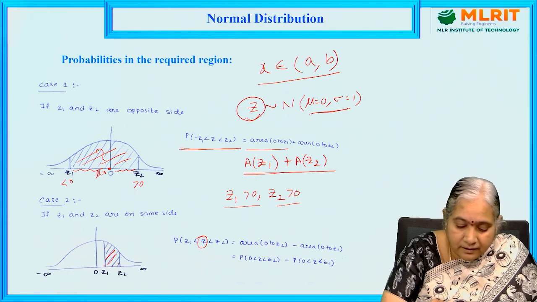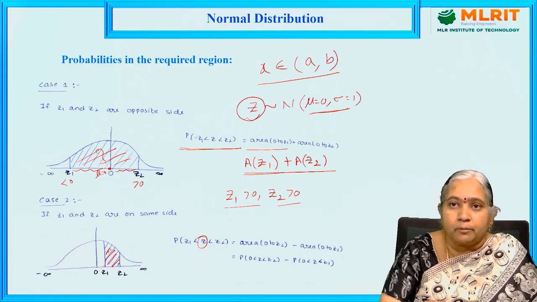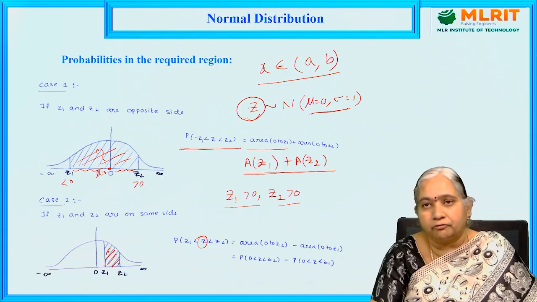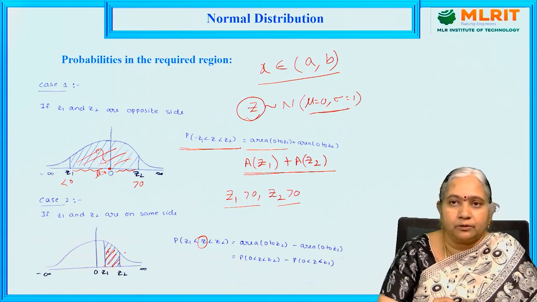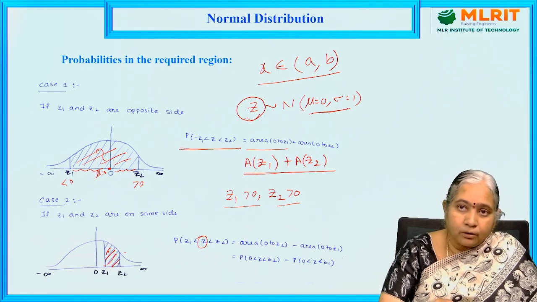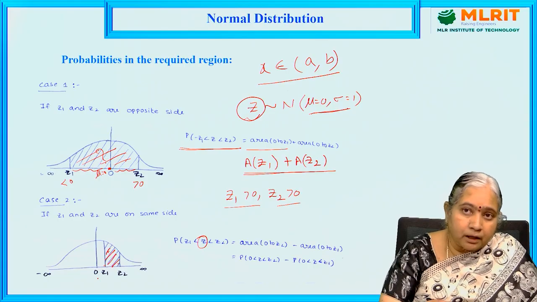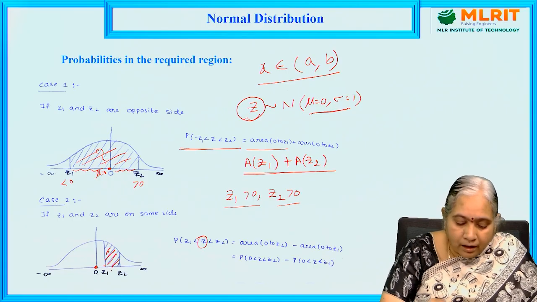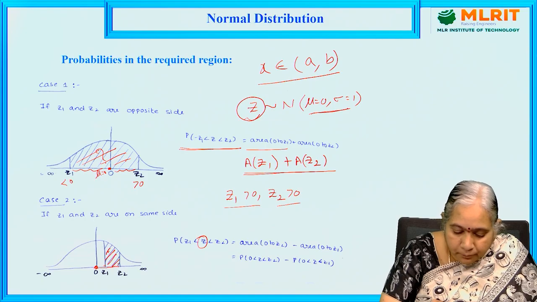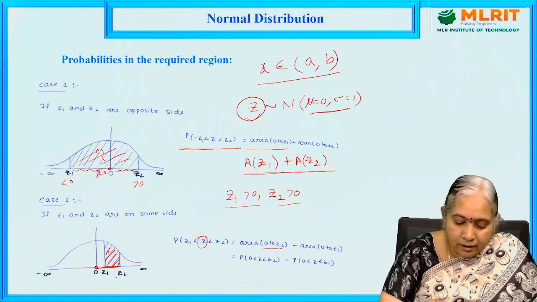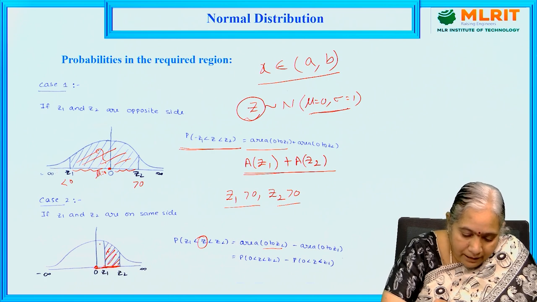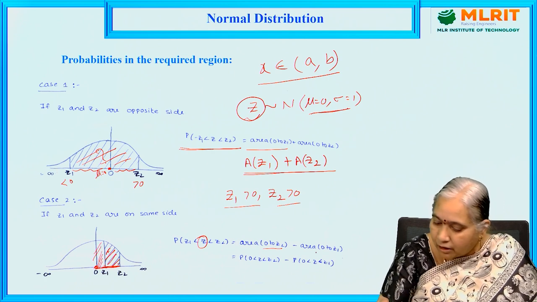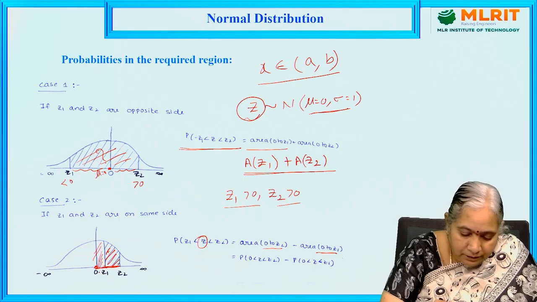Means this is the area or probability. So again, here also we take that probability or area from 0 up to Z2, and subtract this area, that is the area from 0 to Z1.